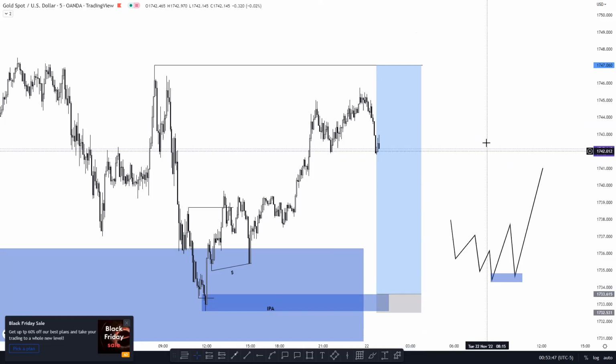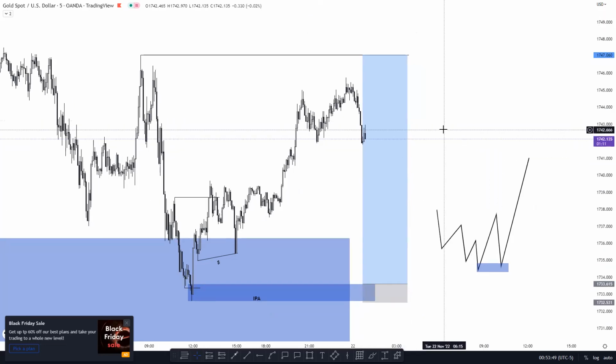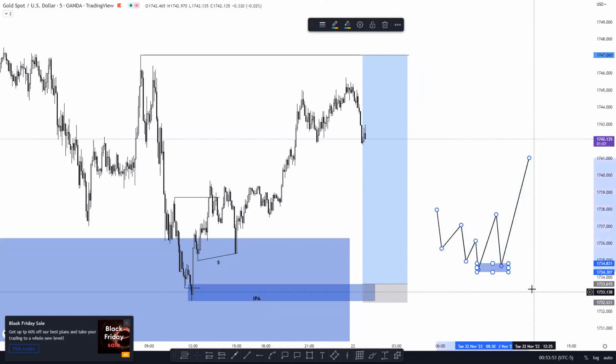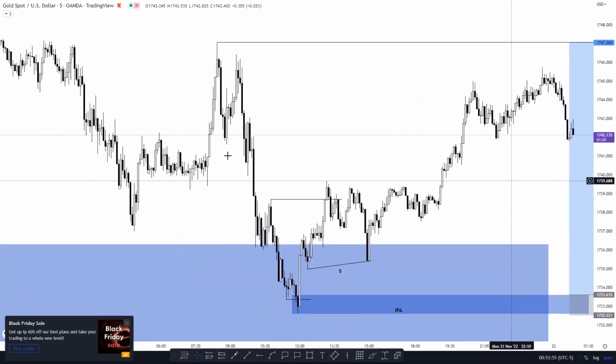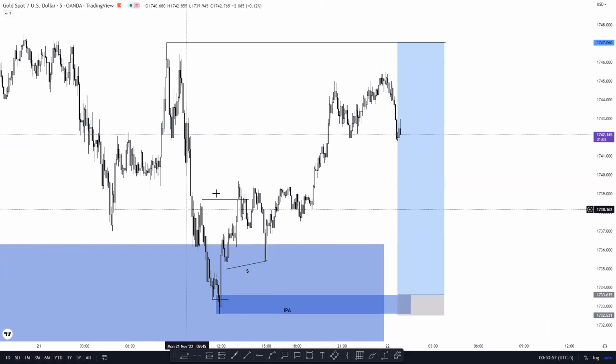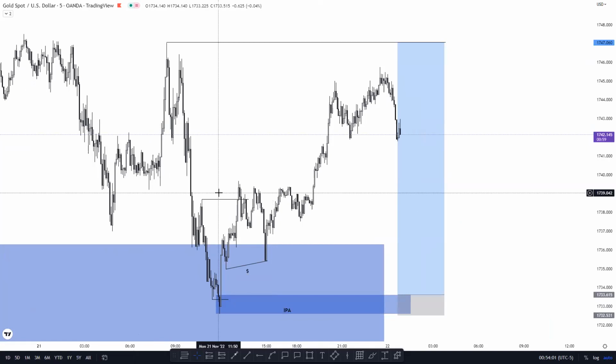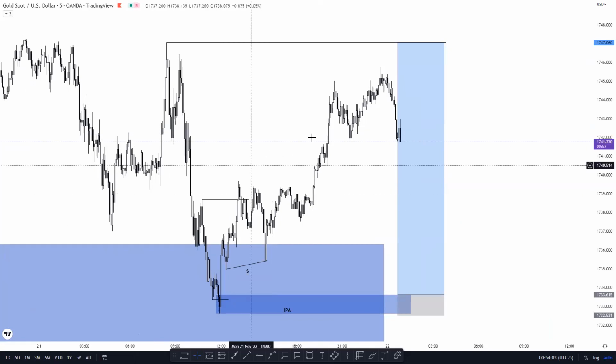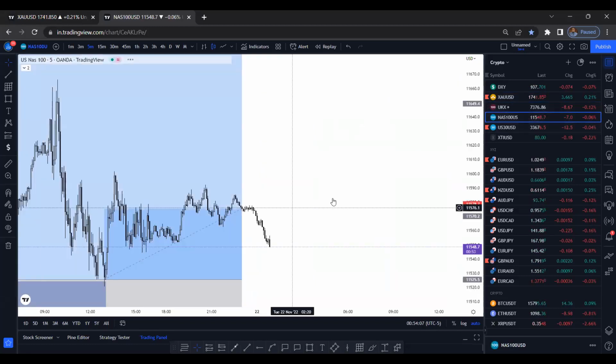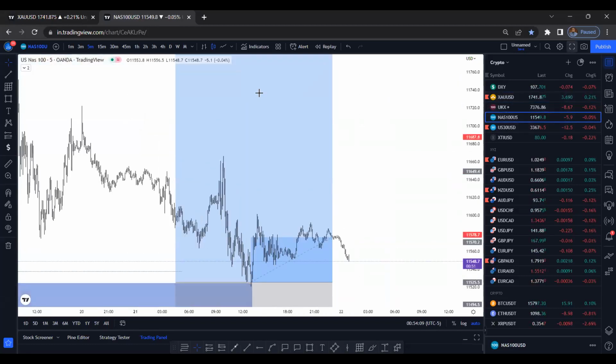So yeah, this is how I am going to take this trade. You understand? So work on those things and just look at the chart using these things in your practice.